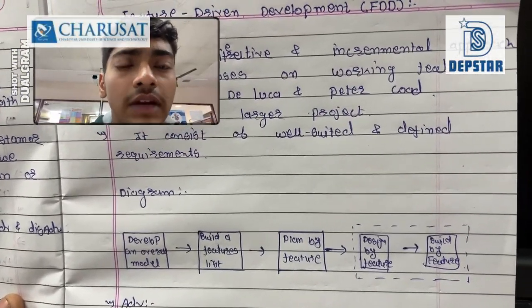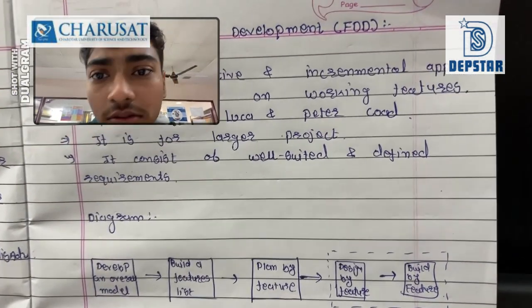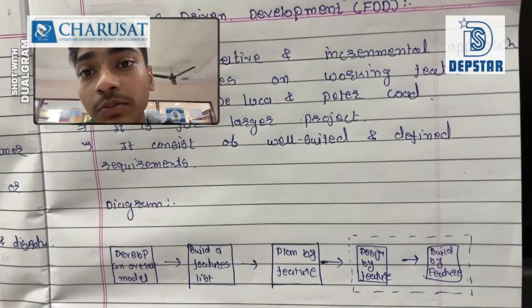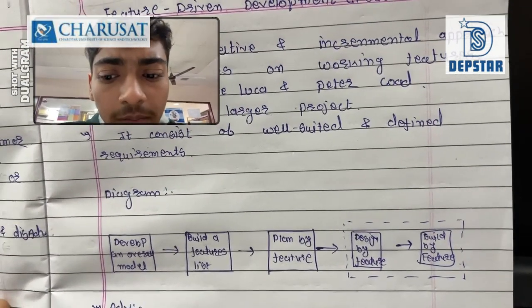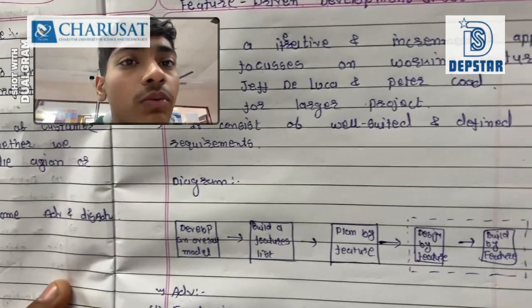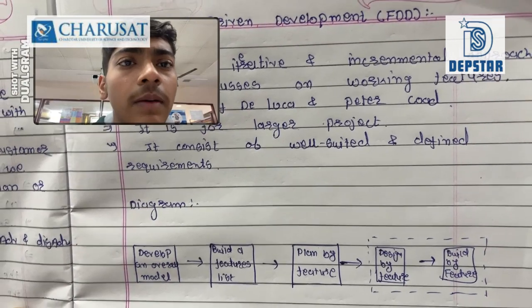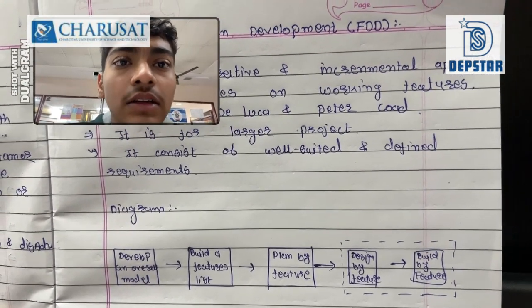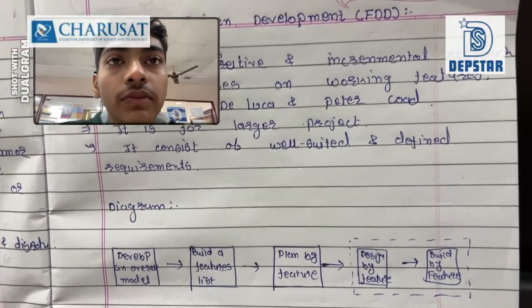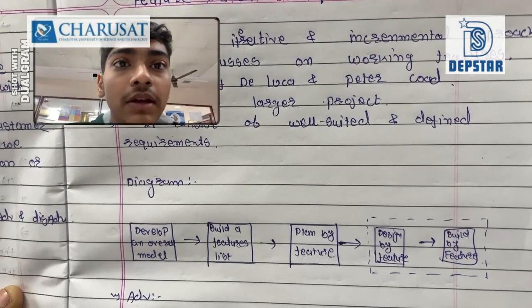We divide the whole model into 5 parts. The first part is develop an overall model, based on the requirements of our customer. Second, we make a list of features of the software project, and the third is plan by feature.